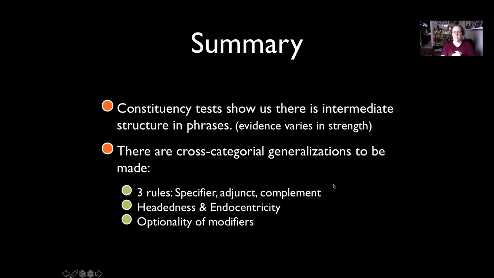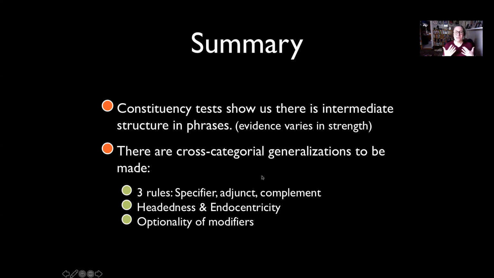So constituency tests show us there is intermediate structure in phrases, and the evidence varies in strength, right? But we know from the constituency test that we did, that some adverbials, some prepositional phrases, some noun phrases seem to convey more information or be more necessary to the meaning of the sentence than others. And so constituency tests kind of show us that because a constituent can be made up of several prepositional phrases or just one prepositional phrase in the same sentence.